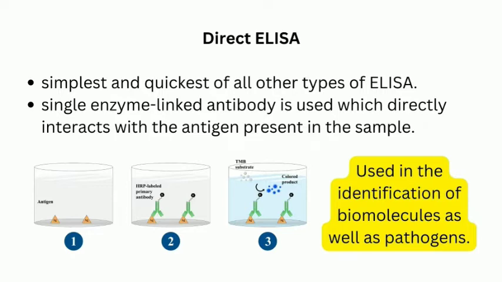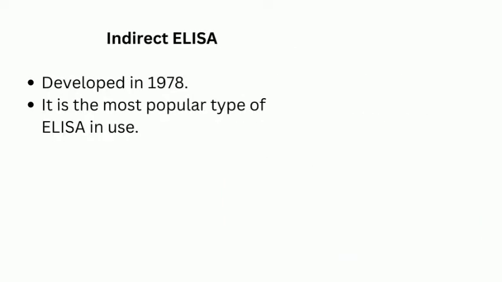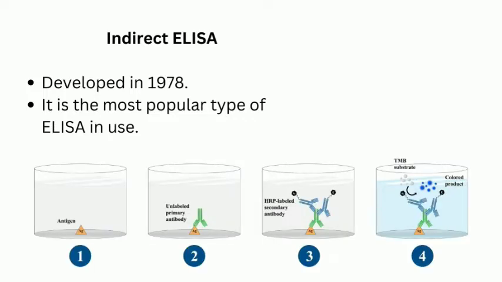The second one is indirect ELISA, which was developed in 1978 and is currently the most popular type of ELISA in use. Here, first the antigen in the sample is adsorbed in the microtiter plate well. Thereafter, the first antibody is given to it, which binds if the antigen is sticking to the solid surface.